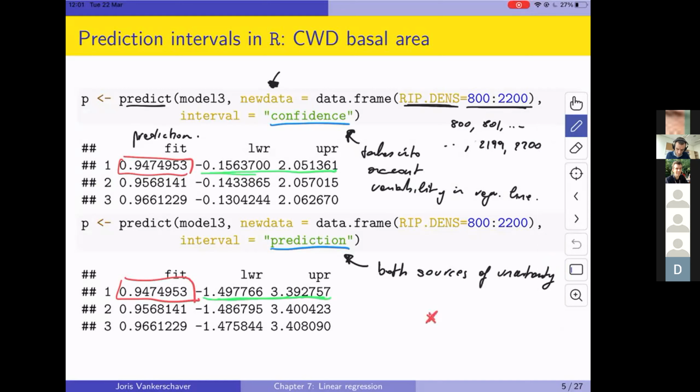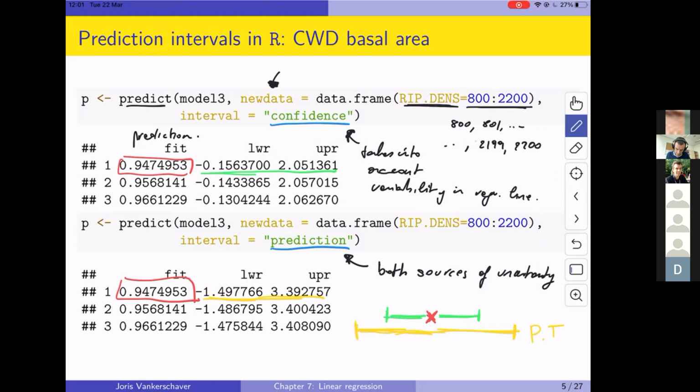So if this is your point estimate, then your confidence interval is going to extend to a certain extent, and actually let's draw this in blue or in yellow for a change. The prediction interval is going to extend beyond that.